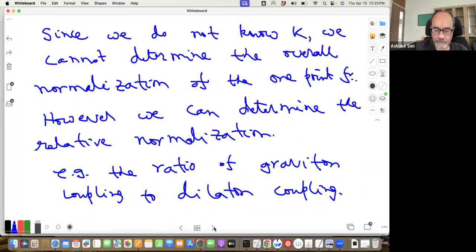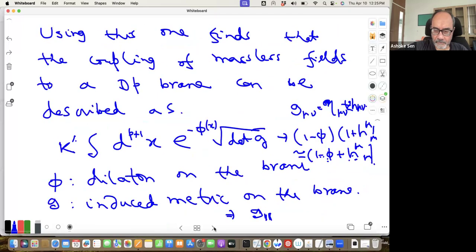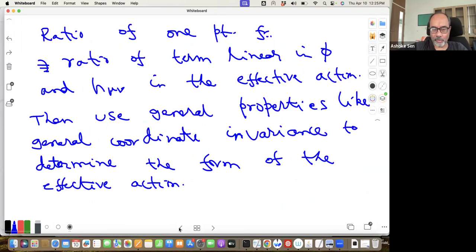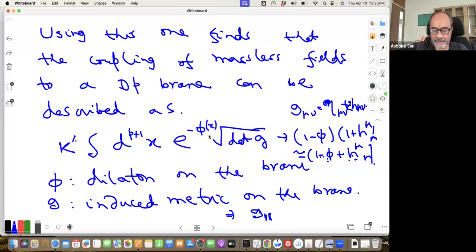Is there no consistent way to reduce that action to the world volume theory of a brane? Reduce this action? Yeah, at the level of action, forget about the disk 1-point function, because this action doesn't know anything about the brane, right? Yeah, but can you supply the details of the brane without going back to the world sheet? Not really, no. Because the properties of the brane, you have to go back to the worldsheet.